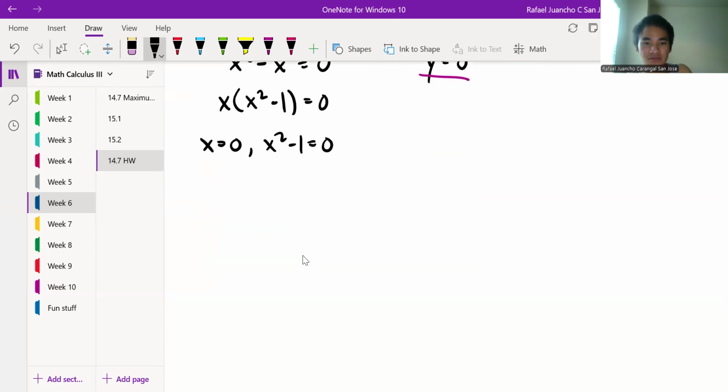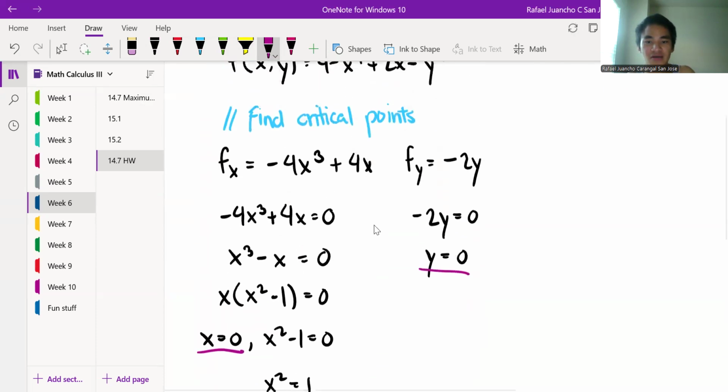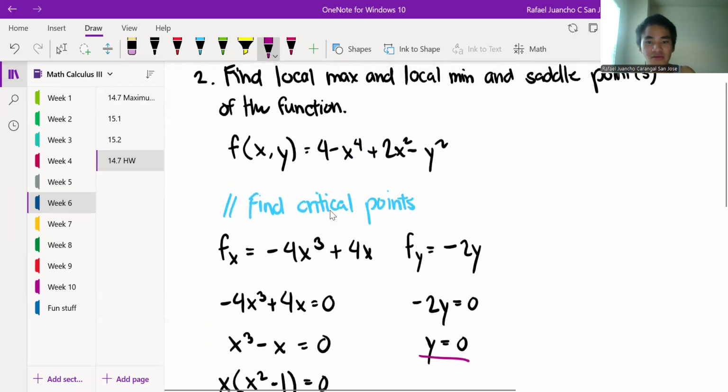So x is plus or minus the square root of 1. So we have 1 and negative 1, right? So here we actually have 3 values of x. But we only have 1 for y, right?